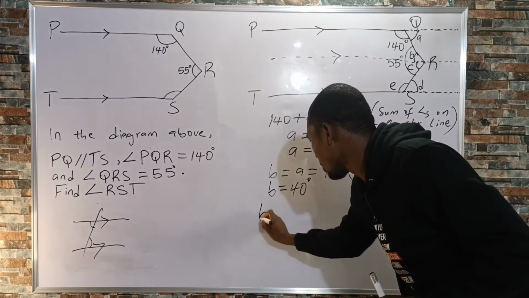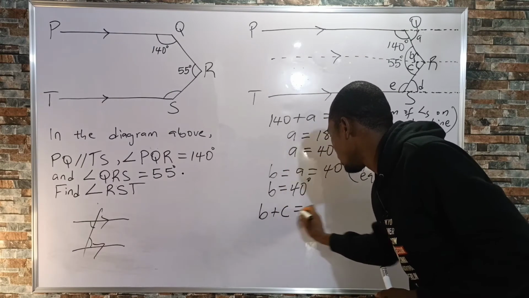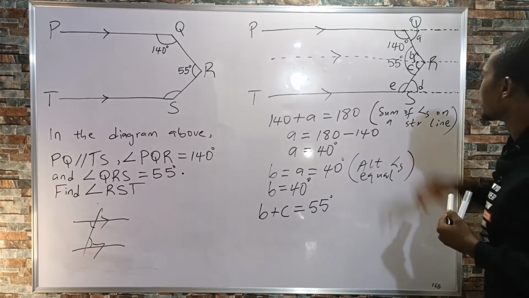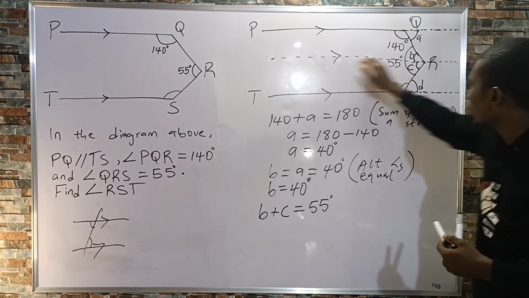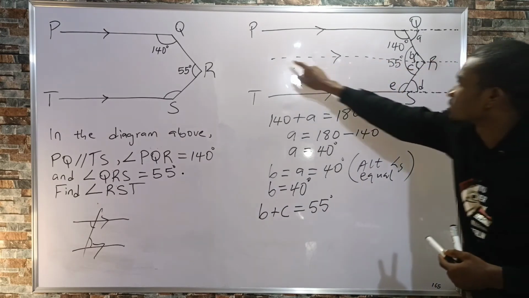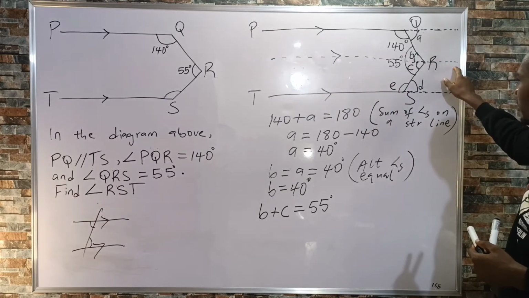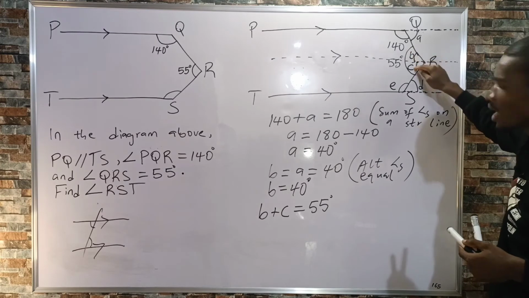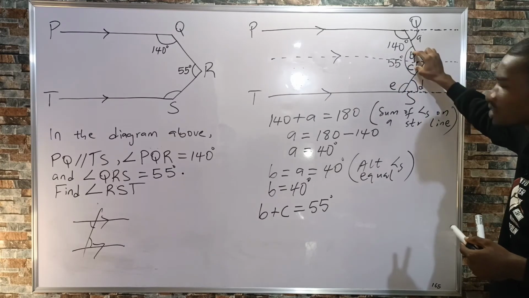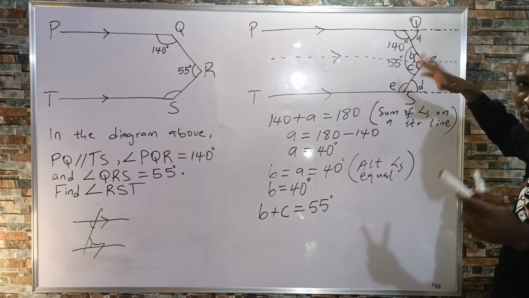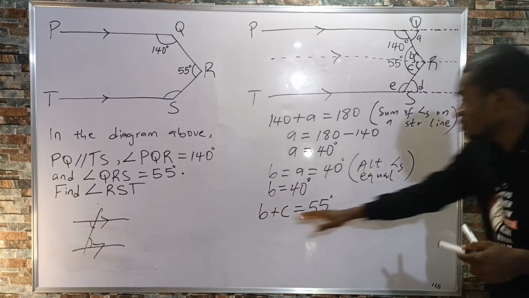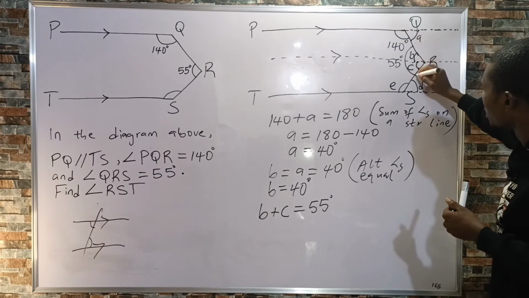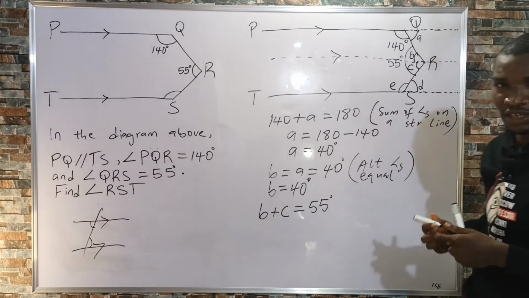Don't forget that this angle of 55 degrees was cut by this parallel line here, such that we have two angles. When we sum those two angles that were divided into two different parts, it should give us back the total angle from here to here, which is 55 degrees.